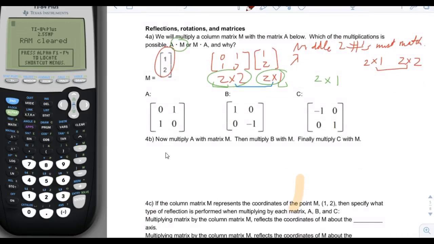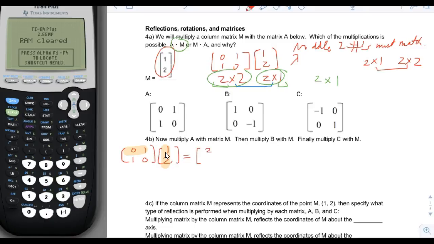Now it says to actually multiply matrix A with matrix M, so we're going to do that. Here's matrix A, and here's matrix M. We multiply them by multiplying each row times the column. So we have 0 times 1 plus 1 times 2, which gives you 2.